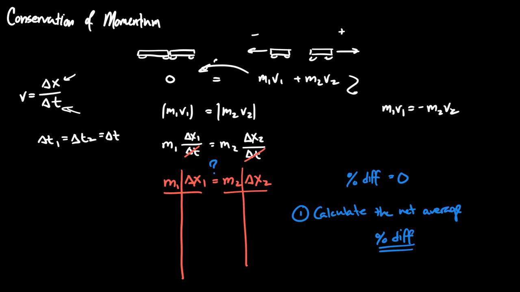Once you've done that, I want you to tell me whether they are equal inside your margin of error. Again, you decide whether you have shown conservation of momentum by deciding if your percent difference is small enough to be within your margin of error.